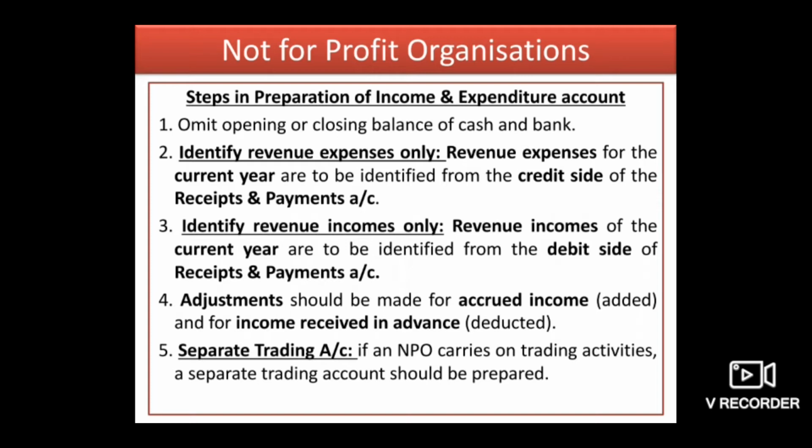Normally we prepare receipts and payments account, income and expenditure account, and a balance sheet. But if there is a trading activity or any manufacturing done by that NPO, in such a situation we have to prepare a separate trading account.